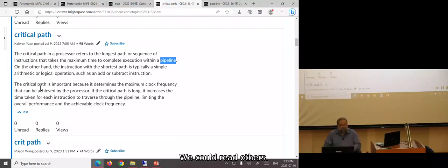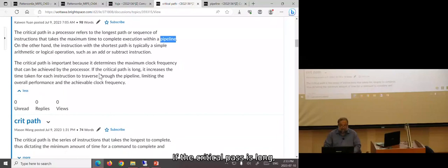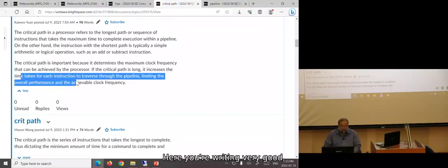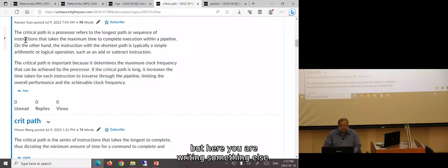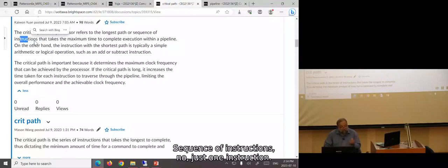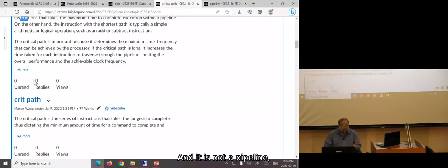We could read others, but let's see what you wrote for the importance. The critical path is important because it determines the maximum clock frequency. Yes, that's good, because it determines the maximum clock frequency that can be achieved by the processor. If the critical path is long, it increases the time taken for each instruction. Here you are writing very good, but here you are writing something else. Sequence of instructions, no. Just one instruction, and it is not a pipeline, it is a single cycle processor.